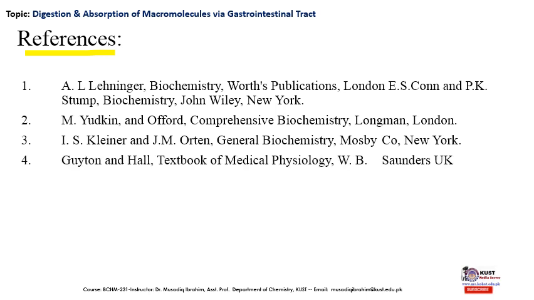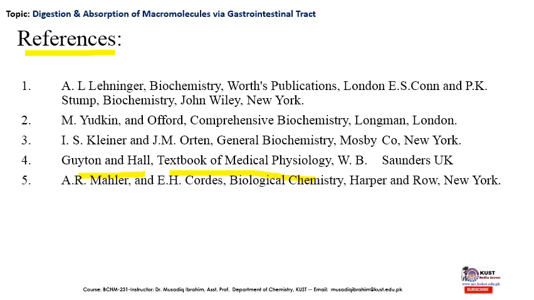The fourth one is Textbook of Medical Physiology by Guyton and Hall. And the fifth one is Biological Chemistry by A.R. Mahler and E.H. Morris. So if you want to further understand and further clear your concept, these are the books which I will recommend.